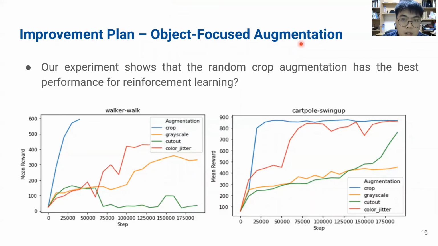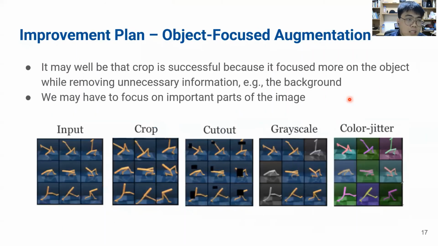So let's talk about the improvement plan. As we see in our experiments, the random crop augmentation has the better performance for reinforcement learning compared to other methods. The reason behind why it is successful is that it focuses more on the objects while removing unnecessary information like the background.